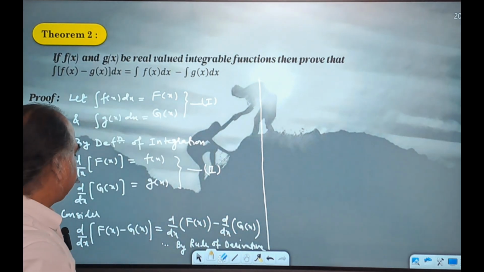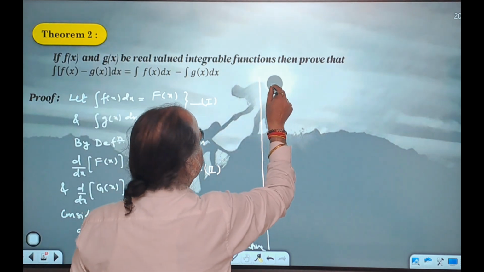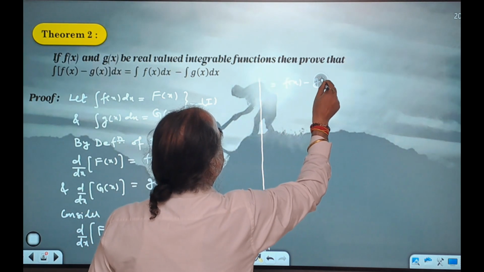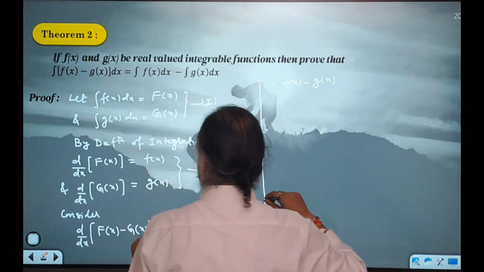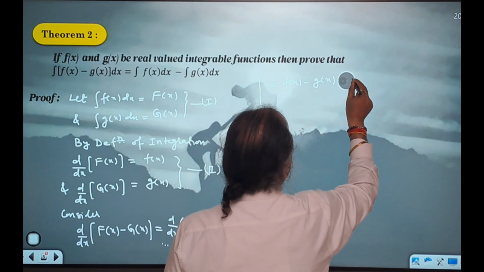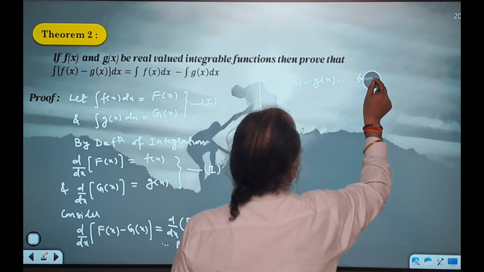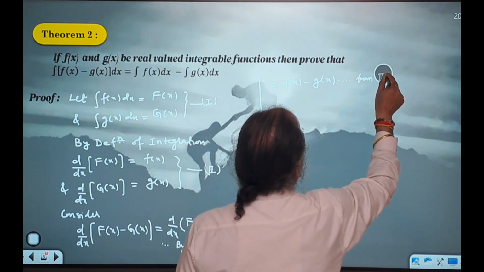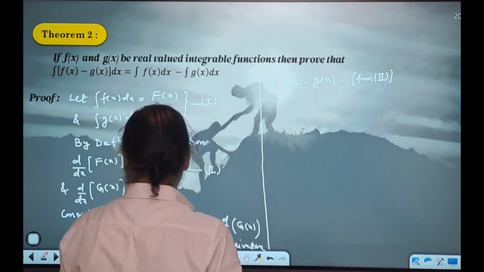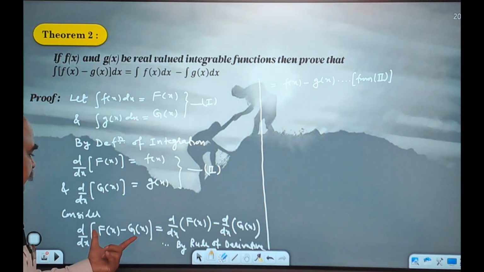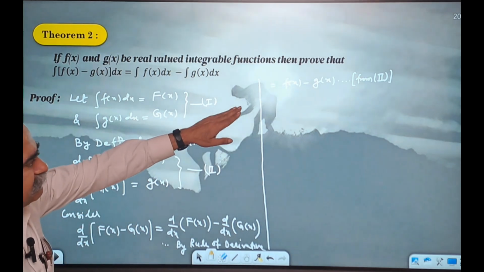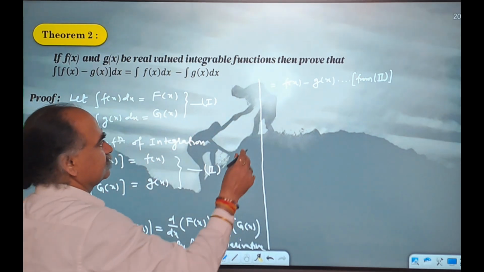But derivative of capital Fx is small fx minus small gx, reason from 2. Now derivative of capital Fx minus Gx is that. So integration of this will be capital Fx minus Gx.